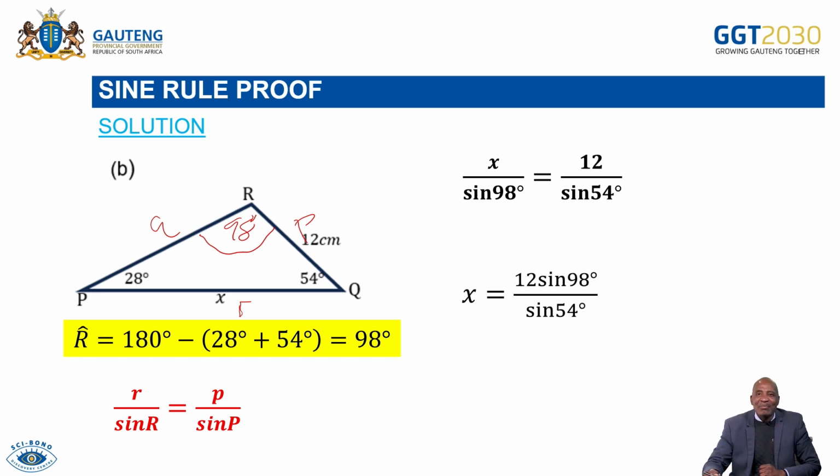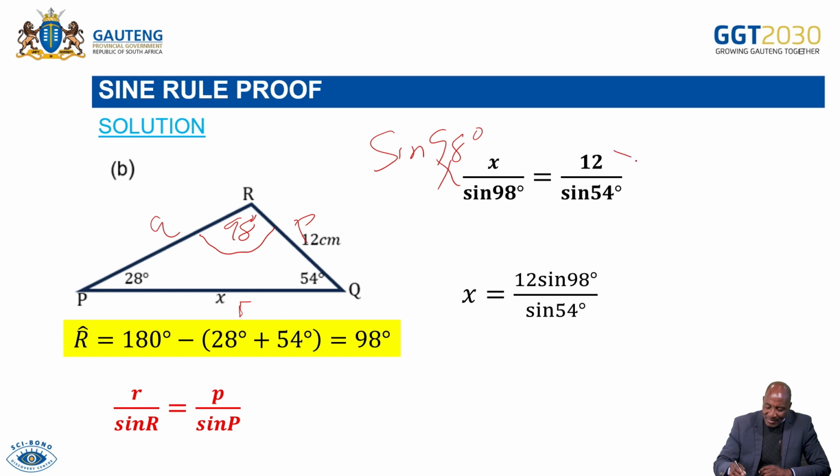Again we multiply both sides by sine 98 degrees. You can cross multiply, but cross multiplying will take longer because you are going to say x sine 54, then later on you divide again by sine 54. So the easiest here is just multiply both sides by sine of 98 degrees, because this is like an equation.